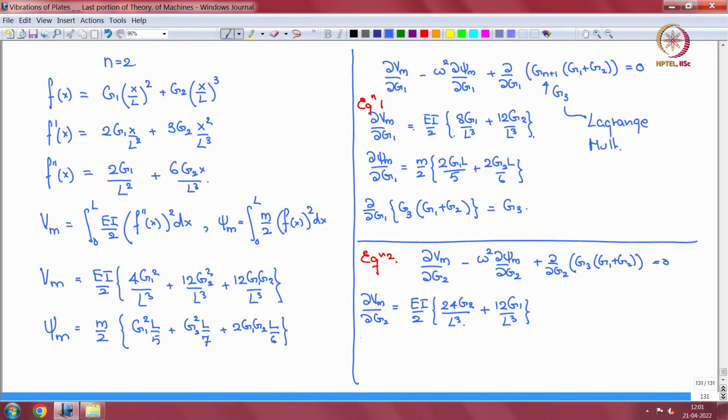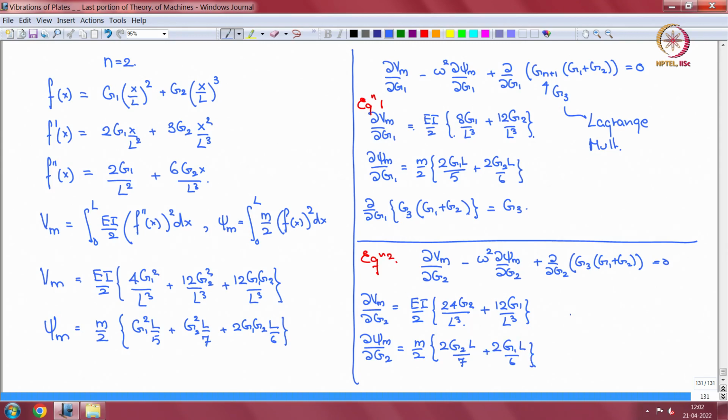Okay, then del psi m by del G2 is equal to m by 2 into twice G2 L by 7 plus twice G1 L by 6.